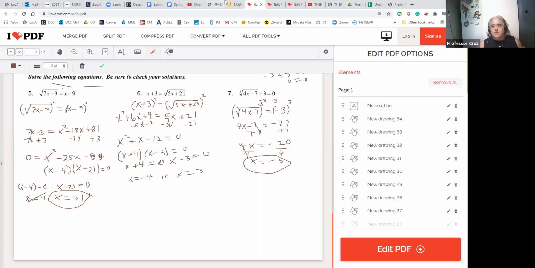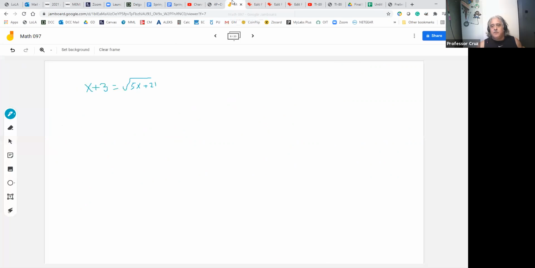All right, so let's check x is equal to 3. Doesn't matter which one you check first.